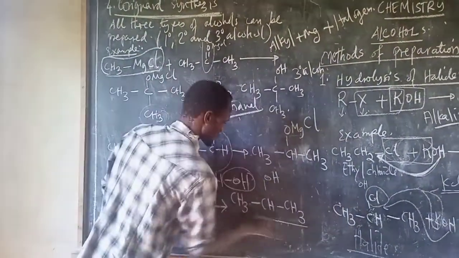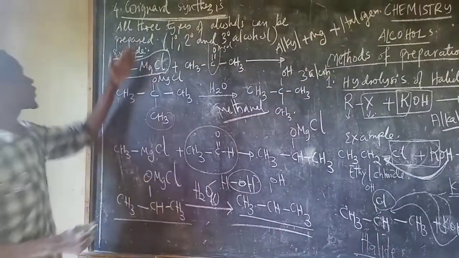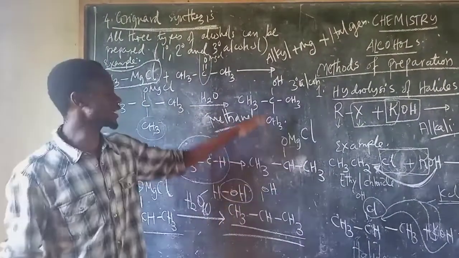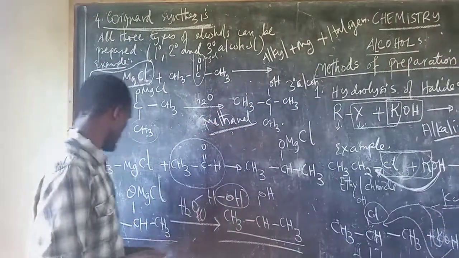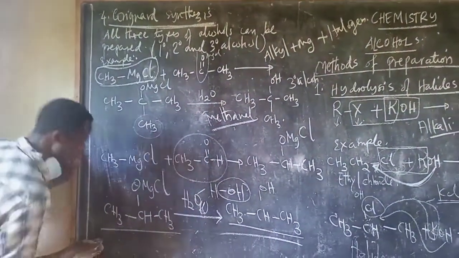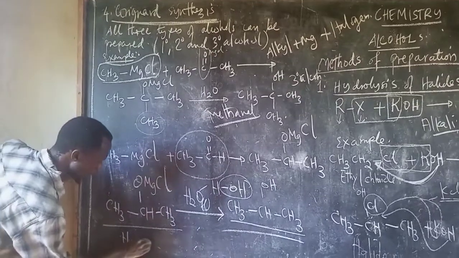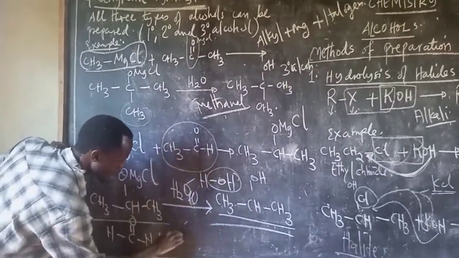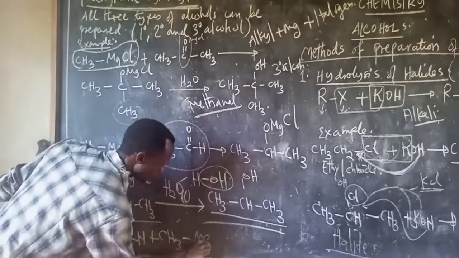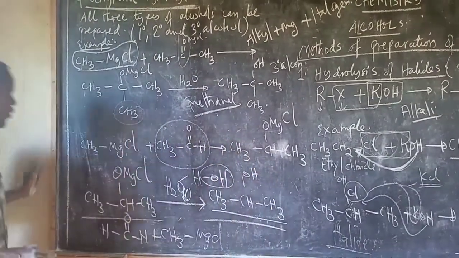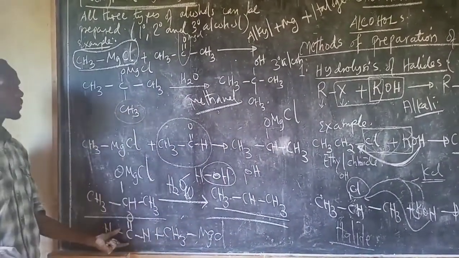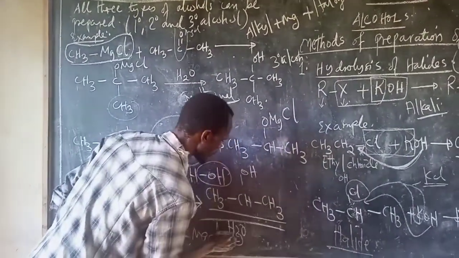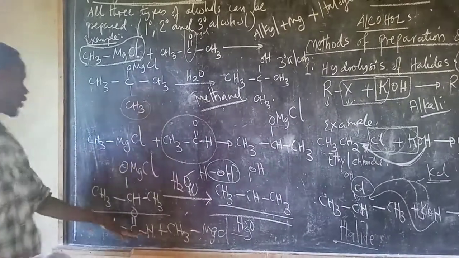So using a Grignard reagent, we may prepare the secondary alcohol, tertiary alcohol, and primary alcohol. Primary alcohol is only possible if you have formaldehyde. You just use formaldehyde plus a Grignard reagent to form what we call a primary alcohol. This is how we can form primary alcohol. It is all followed by hydrolysis, by hydration of this one.